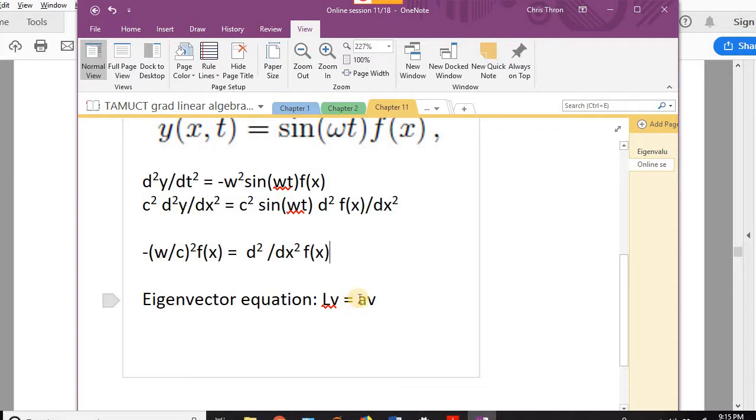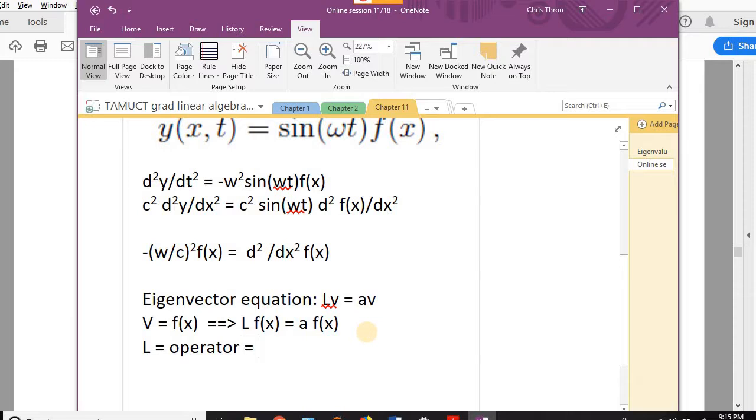So the operator is the right side, d squared over dx squared. That's your L, so L is equal to the operator. The other side is a number, and A is equal to that number.